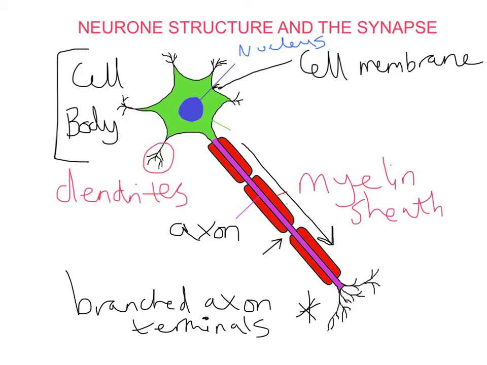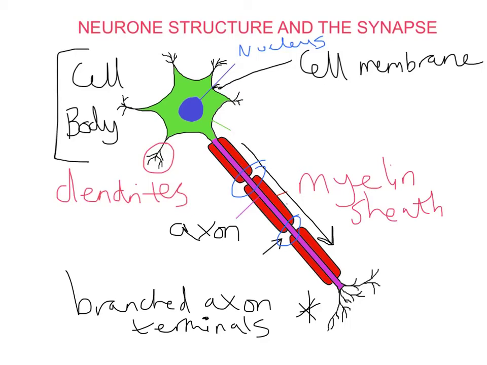I just want to pick up on one point, going back to the myelin sheath. Now, it depends what sort of level you're studying nerves at, but if I just take the blue pen and just highlight that bit there and that bit there, you'll notice there's little gaps between the myelin sheath. Those gaps are perfectly normal.